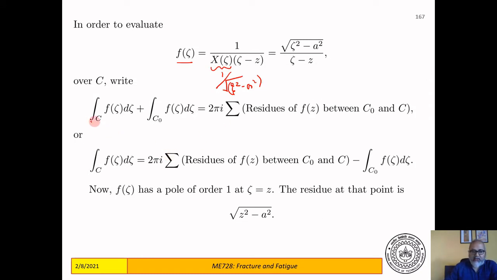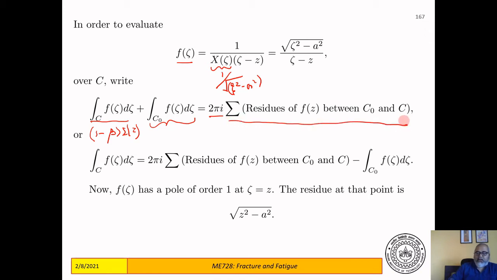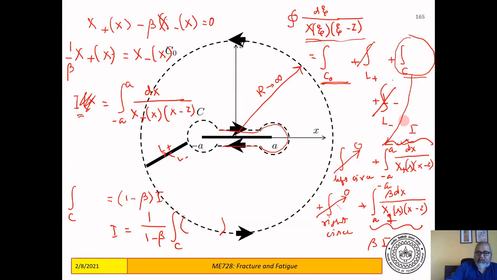This integral we have already found is 1 minus beta times I of z. This integral we have not found out, but we know that the total contour integral, the result of the contour integral from the residue theorem, will be 2 pi i times the residues of f(ζ) between C naught and C. Between C naught and C is basically this entire region.